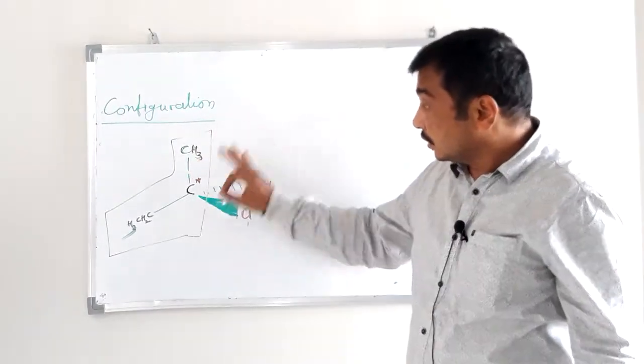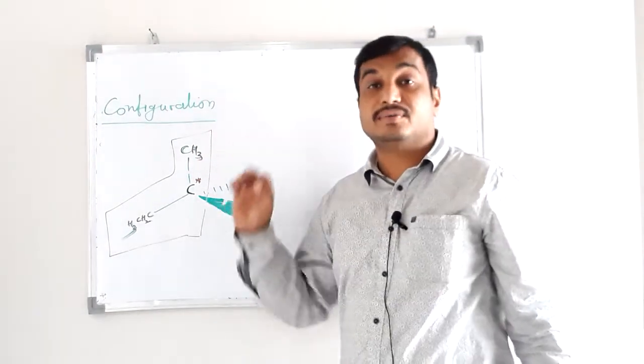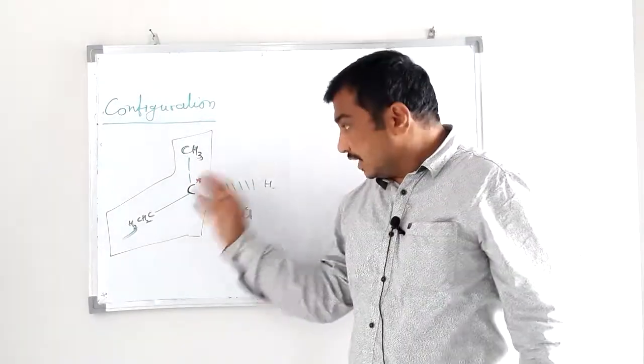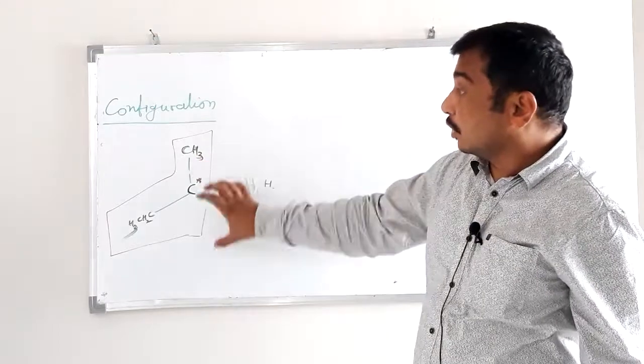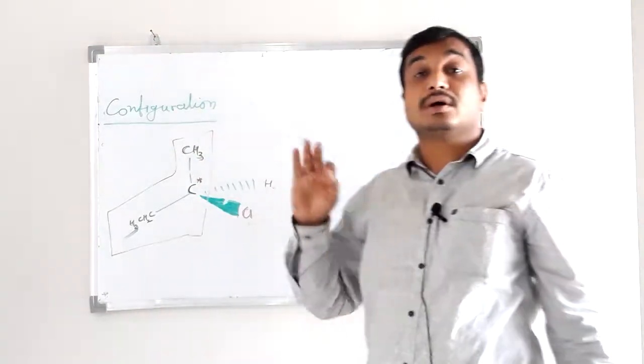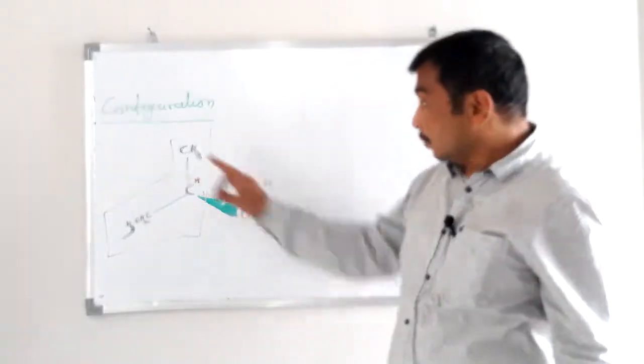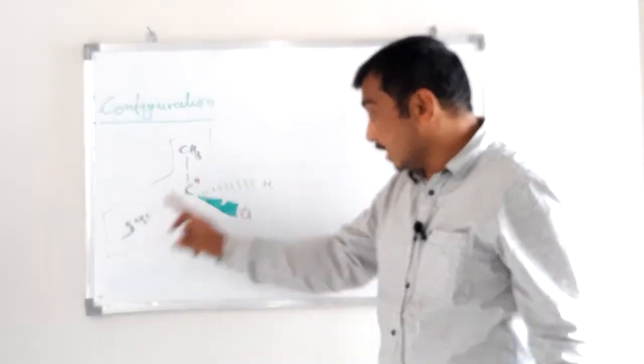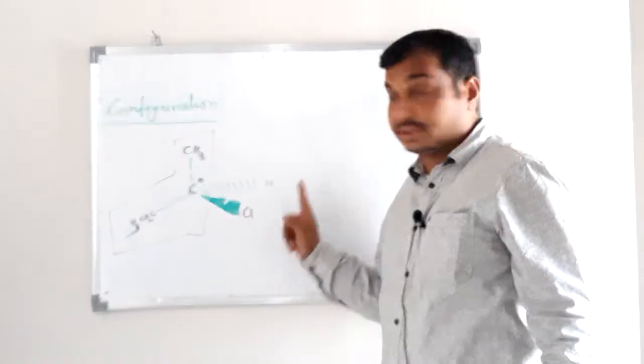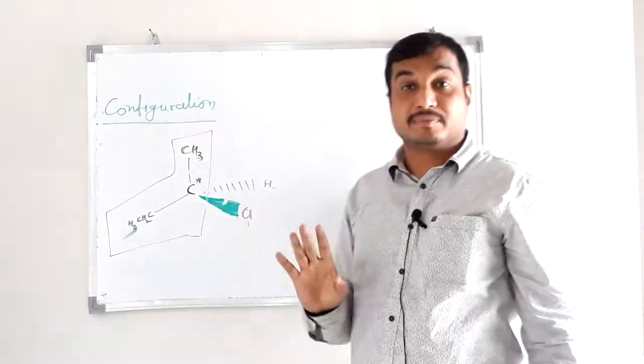It means it is a molecule of known configuration. Known means we know everything about the location of the methyl group, ethyl group, chlorine and hydrogen. This is the meaning of configuration.